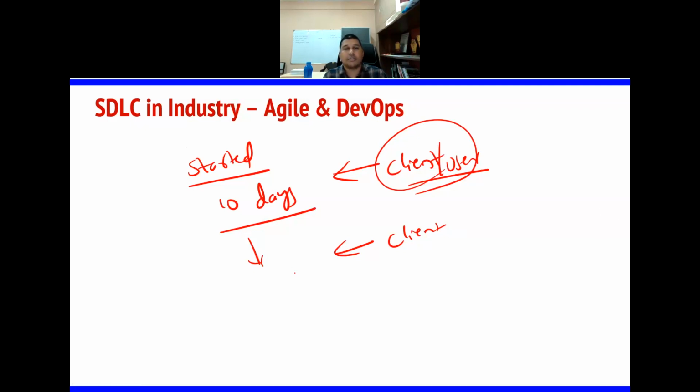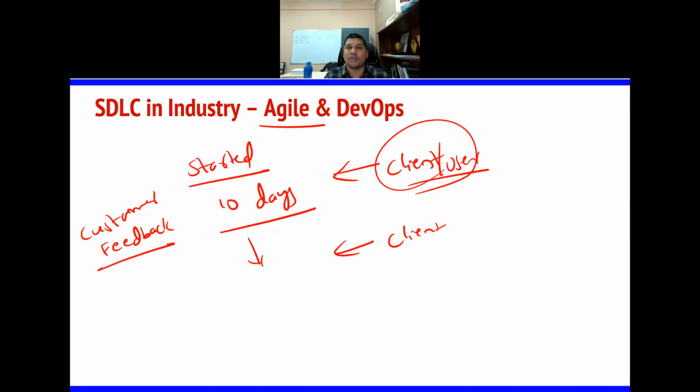That's the reason they have included this in Agile. It is very important to have customer feedback. Customer feedback is taken in each phase of the project. Why make a mistake? Why spend 3 months designing the application, then show it to the client or user, and he says no, this is wrong?